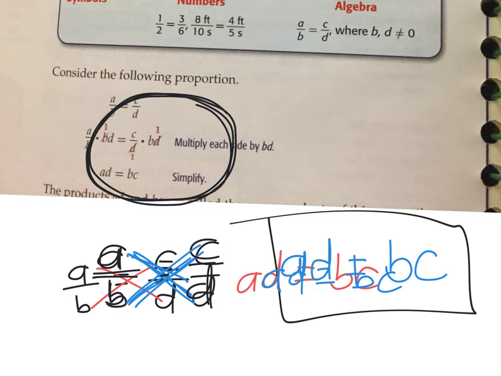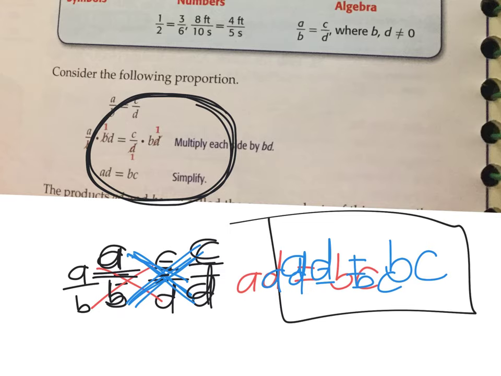Now we can see what happens once they did that. When they multiplied by BD on the left, you see you had a common factor of B in the numerator and the denominator. So those went to 1, or you might have heard cancels, right? Have you ever heard cancels? Maybe not. Good, because I'm not going to say it. All right? These are common factors. So they simplify to be 1.